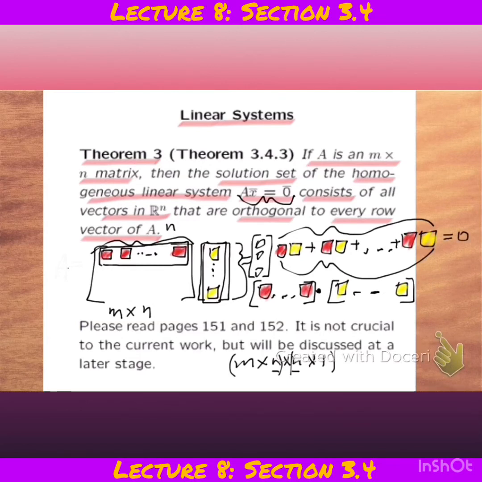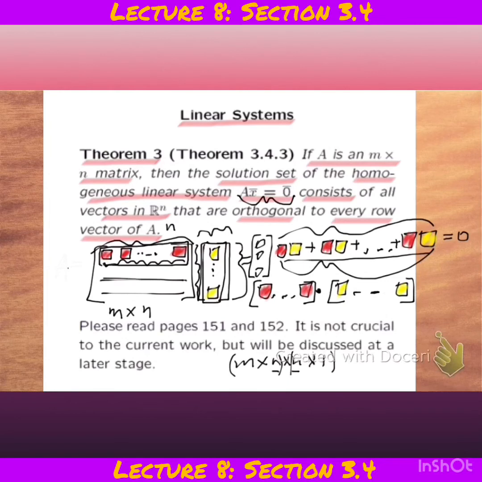So a solution to this homogeneous linear system is all vectors in Rn that are orthogonal to every row vector of A. Essentially the product that you work out can be seen as a dot product between a row vector and a column vector, and that has to be 0 for each row that you multiply.